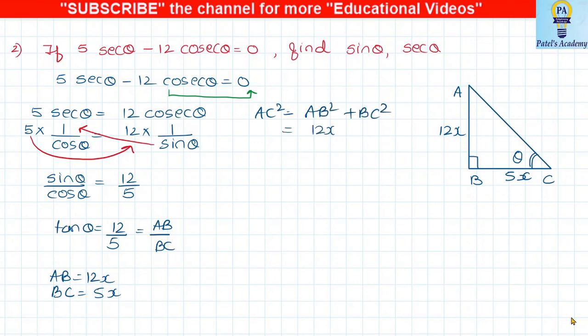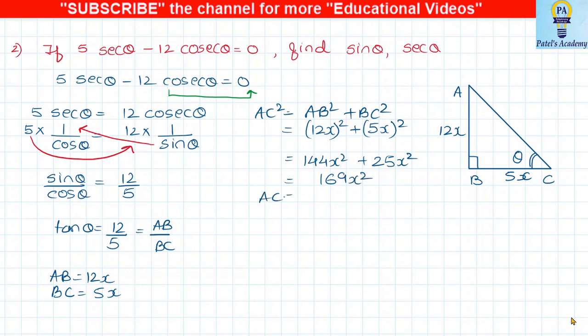So that is 12x bracket square plus 5x bracket square. So that is 144x square plus 25x square. That is 169x square. So AC will be square root of 169x square, that is 13x. So that 13x I am writing in the figure, that is nothing but the hypotenuse.